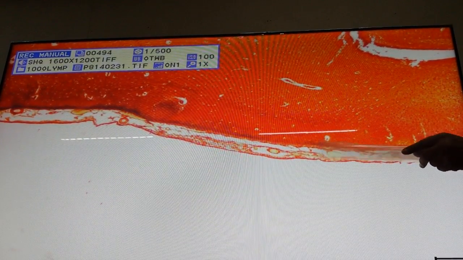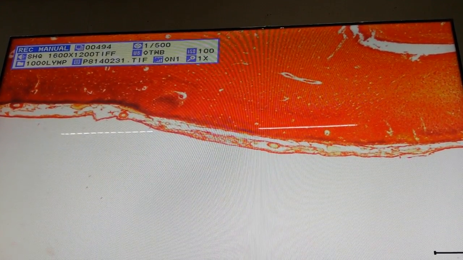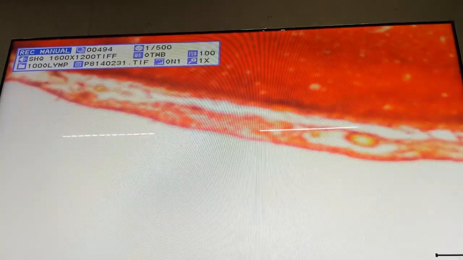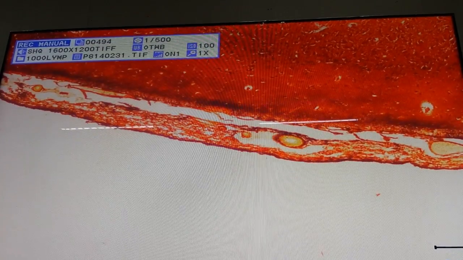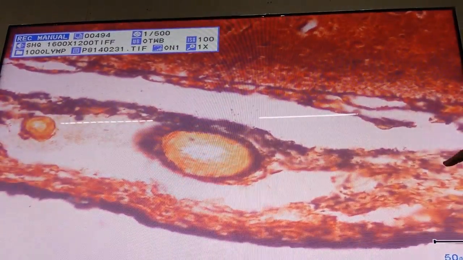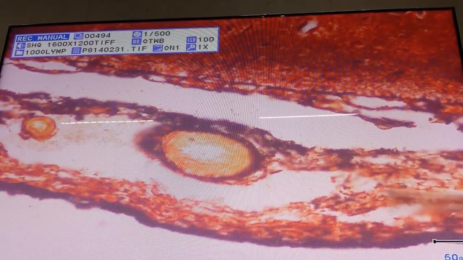Here you see the meninges again. Specific meninges. For this part, this would be the pia and arachnoid.